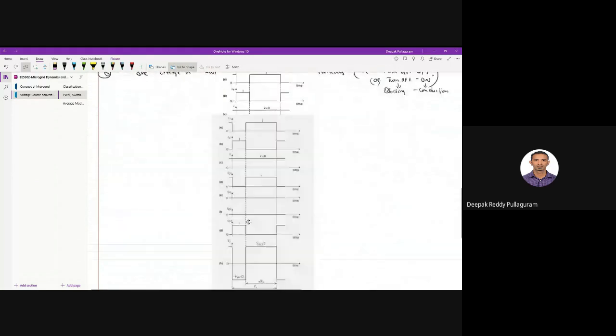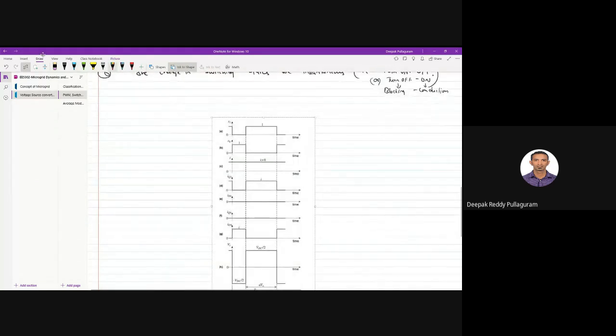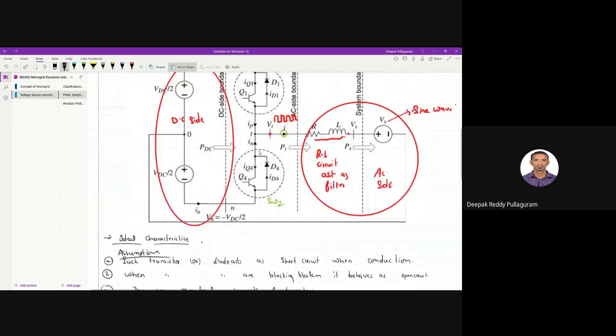So this is case 1 which you are looking for: positive AC current. It means the current at the AC side is positive. Before that, let me give notations.